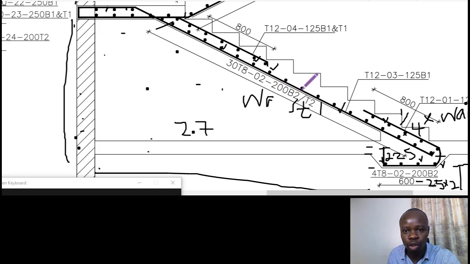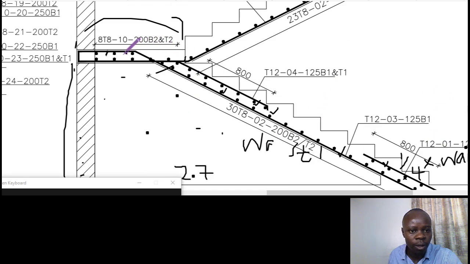That is 02 is complete, 4 is complete, 3, 1 is complete. Then we have also this is now 8 T8, 10, 200 B2, and top 2.